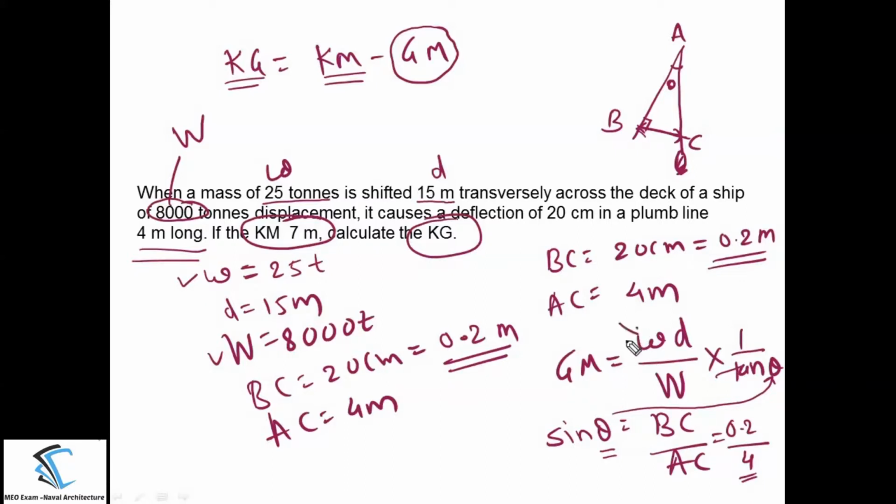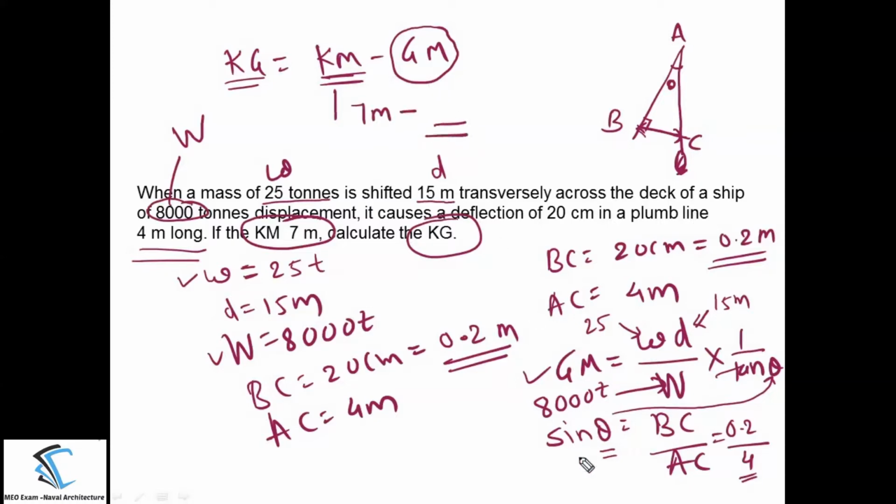The small w is given to us, that is 25 tons. Small d is given to us, that is 15 meter. Capital W is also given to us, that is 8000 tons. All the values are known to us. Calculate the value of GM. Once you know GM, coming back to this formula, KM is given, that is 7 meter.